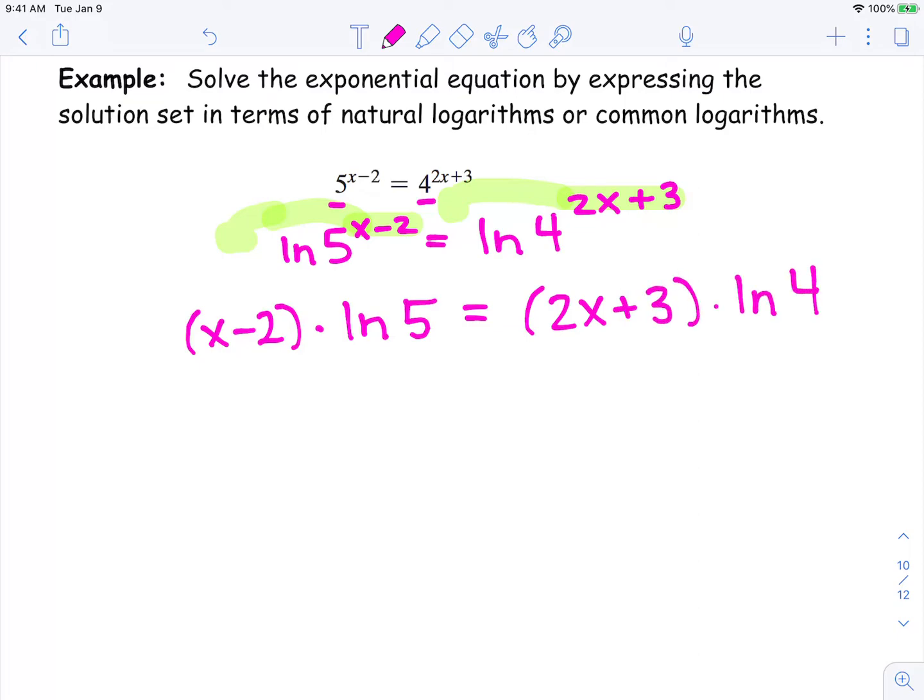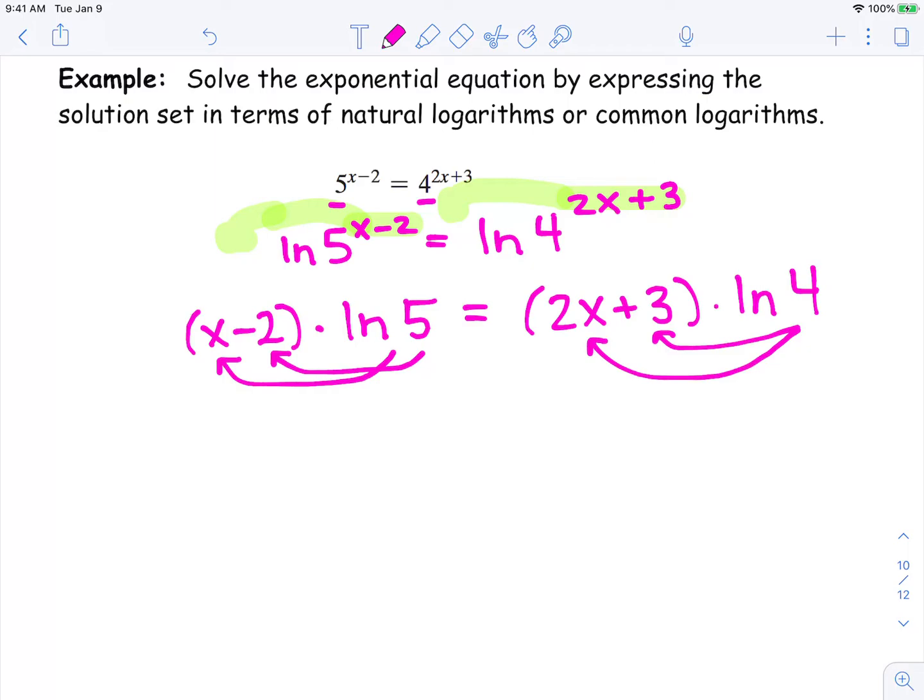So there's our power rule. Now we are able to use the distributive property. We can take the natural log of 5 and multiply it to x, and the natural log of 5 times -2. The same thing can happen on the right side. The natural log of 5 and the natural log of 4 are just constant numbers.